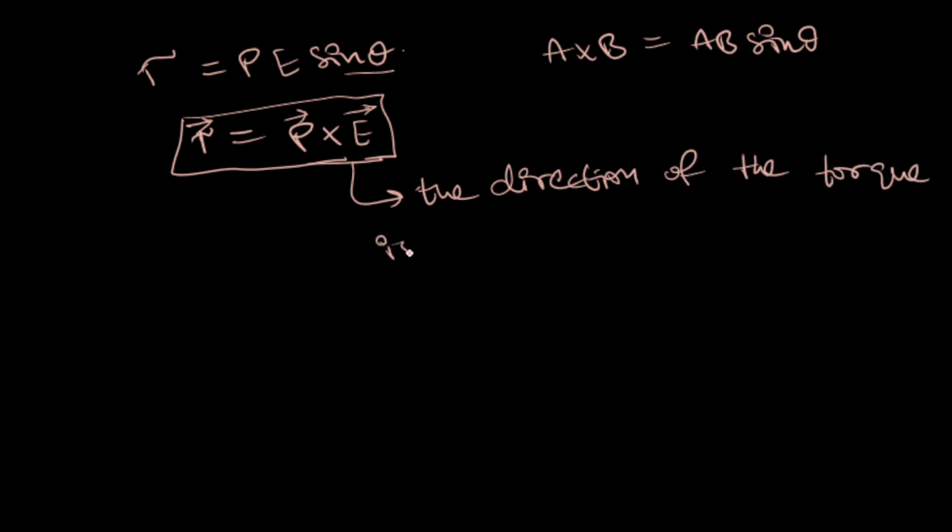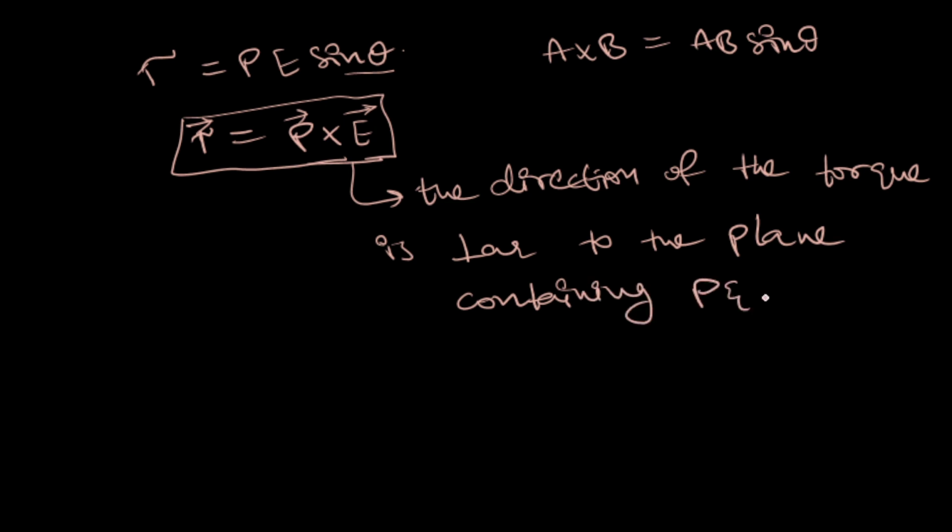The torque direction is perpendicular to the plane containing P and E. If this is the electric field we have and this is the dipole moment we have, the direction of the torque is this one.